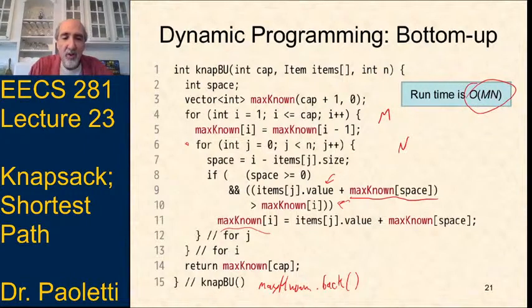Now this one will run through things that don't really need to be done, because like I said, if I have all even items and my knapsack size is even, I will never need to fill in the odd ones, but it'll do it anyway.